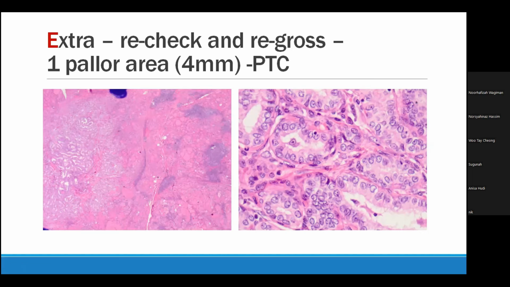The other lesson is in Hashimoto thyroiditis, as you saw earlier in the case, remember the lymphoma? It can turn out to be either lymphoma or you can have PTC. These are the common complications of this entity, Hashimoto, or occasionally oncocytic lesions.